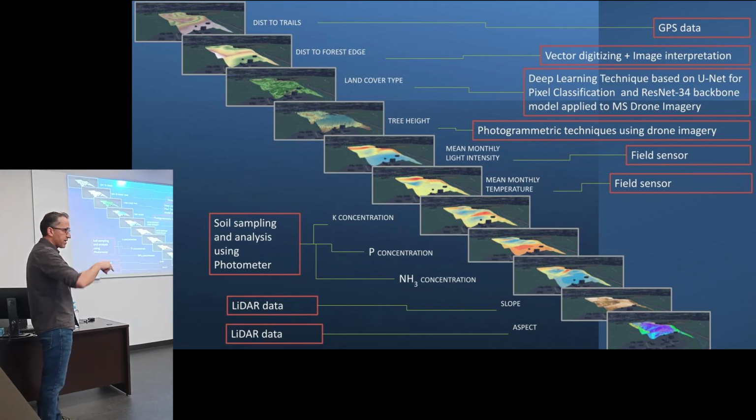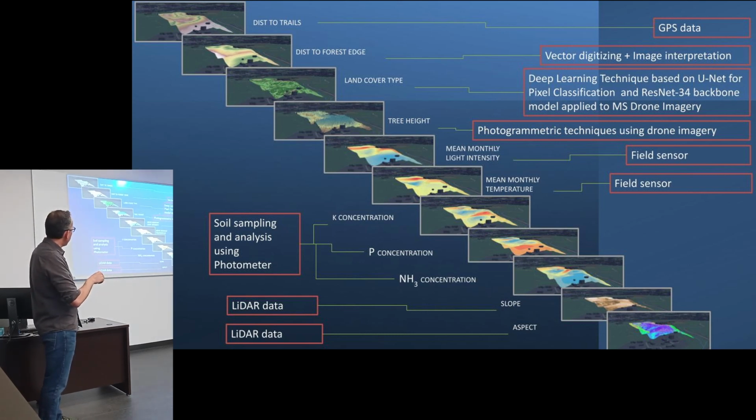Distance to forest edge, we can delimit the forest edges and also calculate how far you are from the forest edge. Land cover types, tree heights, again, derived from drone imagery, mean monthly light intensity, mean monthly temperatures, concentrations of nutrients, topographic characteristics, slope, aspect. So all this was generated, and these were all the factors that we consider as environmental factors.